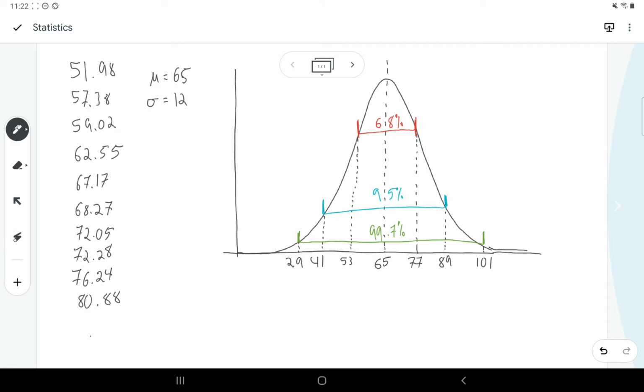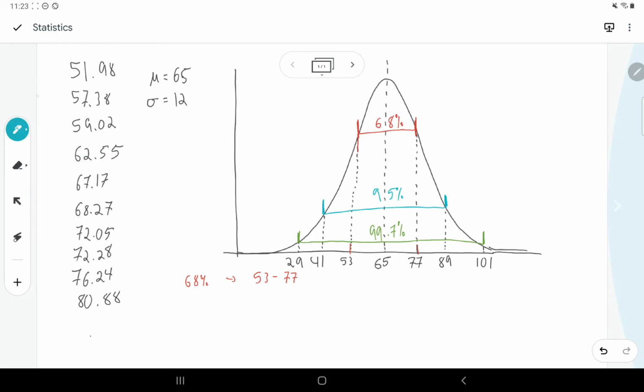We know that our first bin, our 68% bin, I'll actually do that in red so it's color-coded here, because we fancy like that. Our 68% bin is going to run from, looking at it here, 53 to 77. So that's anything between 53 and 77. That's the bin there.